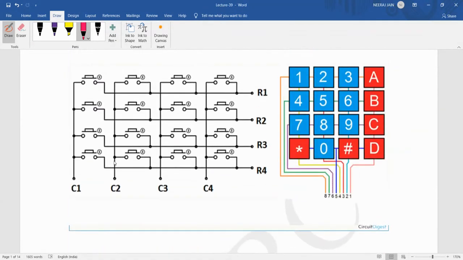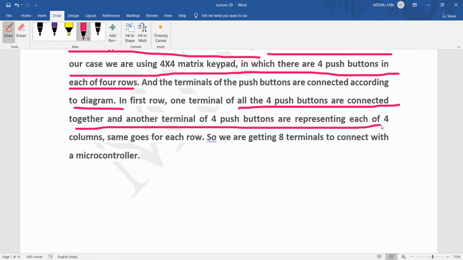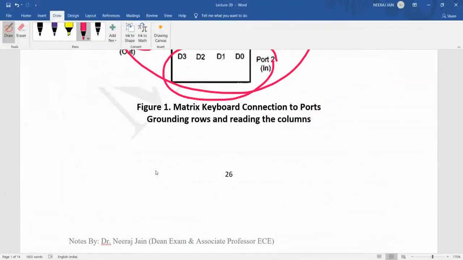As shown in the diagram, there are 4 push buttons, 1, 2, 3 and 4, in a row, and the terminals of the push buttons are connected according to the diagram. In the first row, one terminal of all 4 push buttons is connected together. The other terminals of the 4 push buttons represent each of the 4 columns, as shown in the figure.